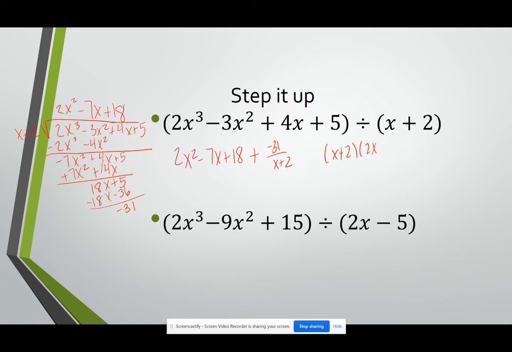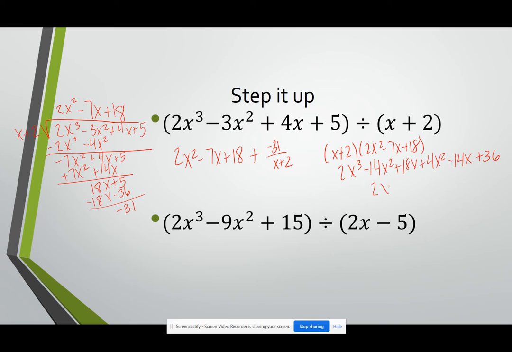2 times 2x squared minus 7x plus 18 gives me 2x to the third minus 14x squared plus 18x plus 4x squared minus 14x plus 36.